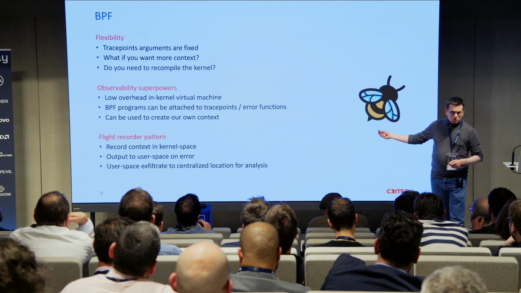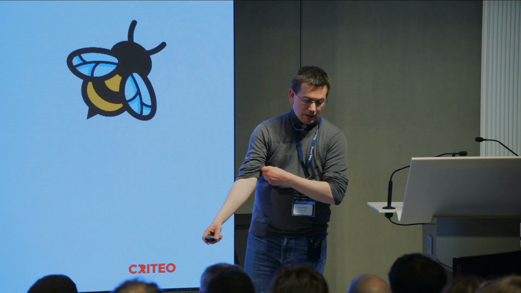You can use BPF for that. I guess it's no surprise for everyone in this room, but BPF is the low-level virtual machine in the kernel, and it gives you the ability to hook small programs and attach them to trace points or functions in the kernel, error functions especially. And it can be used to create our own context.